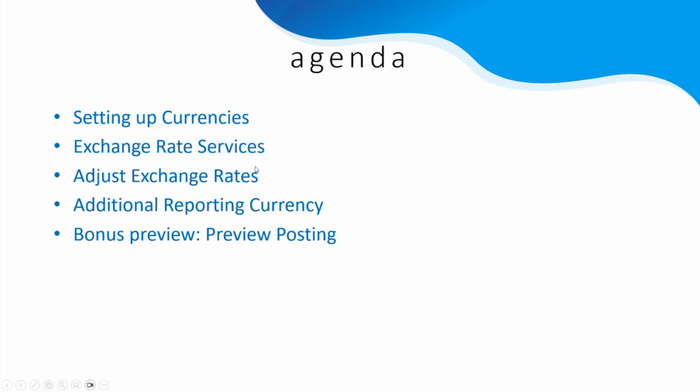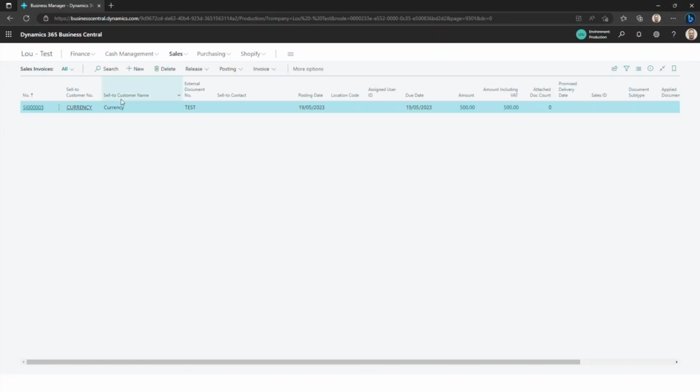The adjust exchange rates functionality for month end usually, and then additional reporting currency, and then possibly a bonus preview posting, which is not yet available in BC, but it should come available a bit later this year, hopefully before September, and then you can actually preview post an adjust exchange rate job, which I think a lot of you would be very happy with. So I'm going to go straight over to BC.